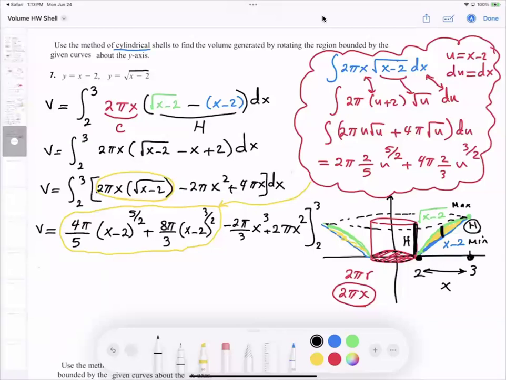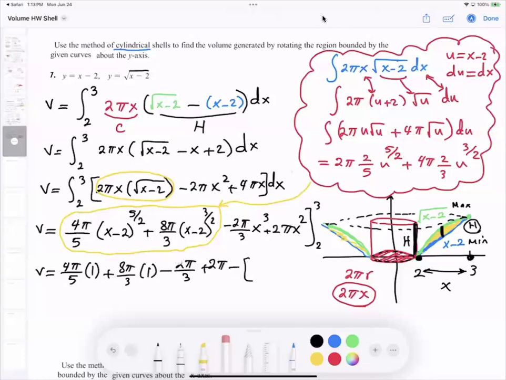Very good. So the volume is equal to 4 pi over 5. If I plug in 1, I plug in 3, I get 1, plus 8 pi over 3 times 1, minus 2 pi over 3 plus 2 pi, minus, then I plug in, I'm sorry, this is just 3. So it should be 27.